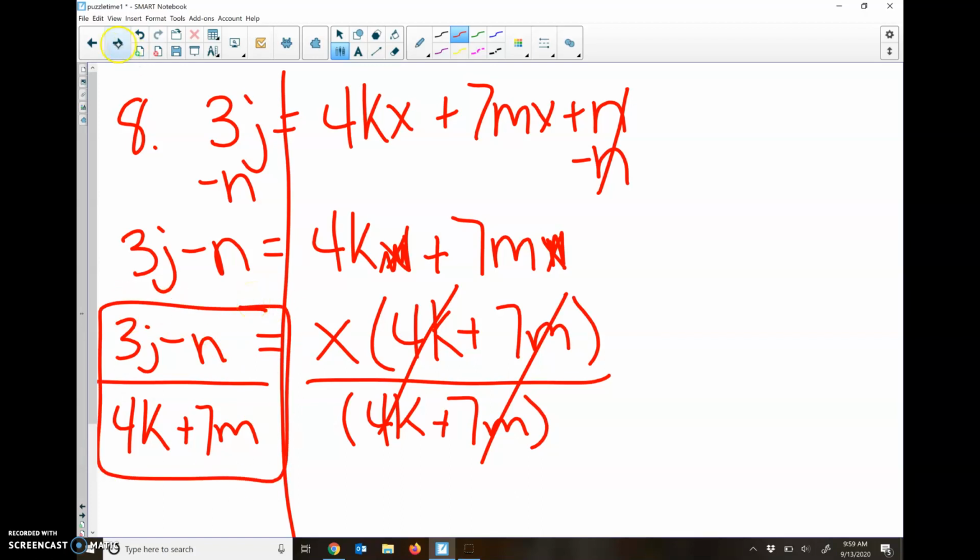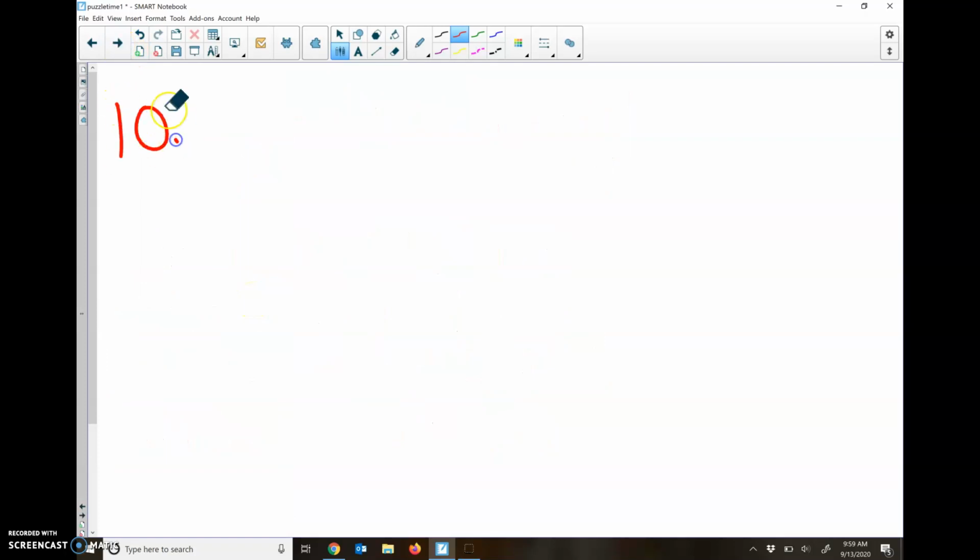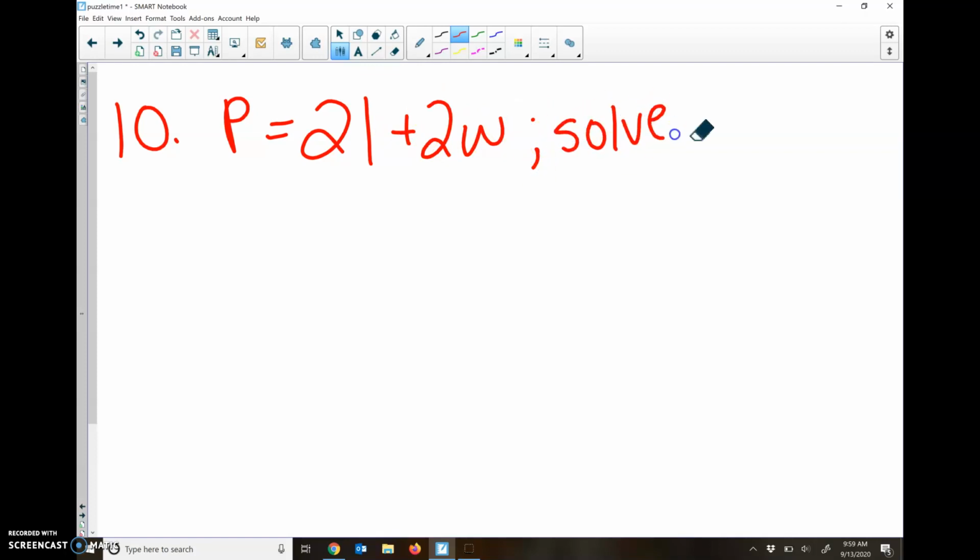All right, number 10 gets into an equation we're probably a little familiar with, the perimeter of something. So it says P equals 2L plus 2W. And after that, it wants us to solve for W. Okay, so we got to get rid of this 2 in front of the W, and we have to get rid of this 2L. Make that a capital L, this way we know it's not a 1.